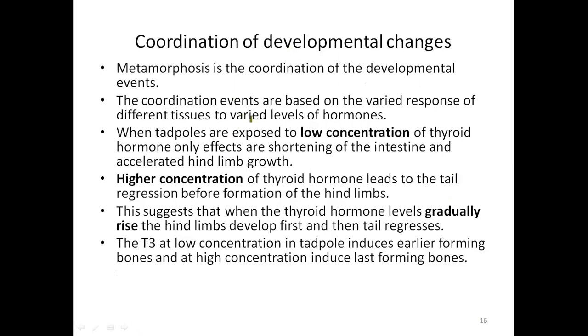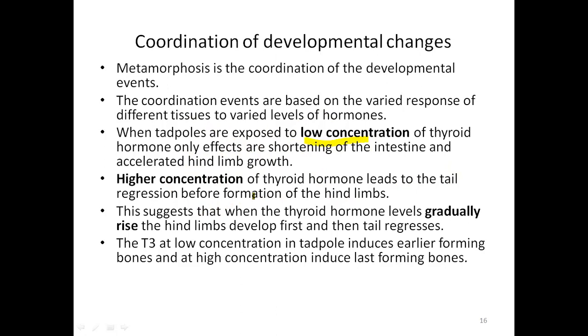Now, apart from that, different concentrations of the hormone bring about different responses, which we shall see. When tadpoles are exposed to a low concentration of thyroid hormone, this only brings about shortening of the intestine and accelerated hind limb growth. So, low levels. When there is a higher level of thyroid hormone, this leads to tail regression, and there is proper formation of the hind limb.